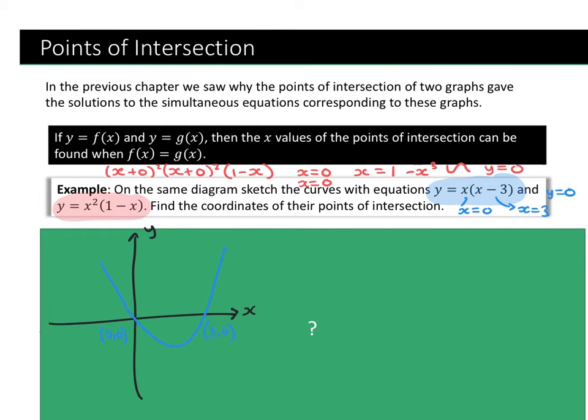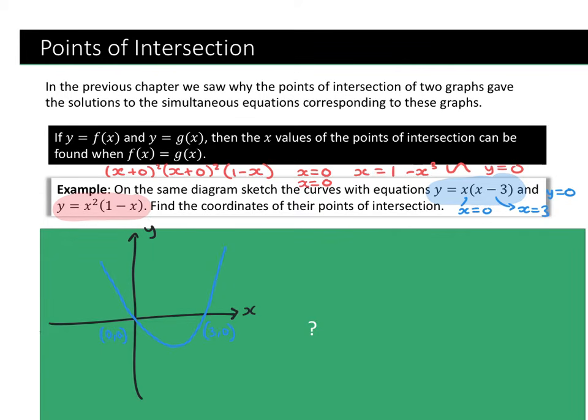So here I know it's going to cross at 1. It's got a double root at 0. Okay, now this may or may not look like how it's supposed to be. So let's just think about this. And then it's going to cross at 1.